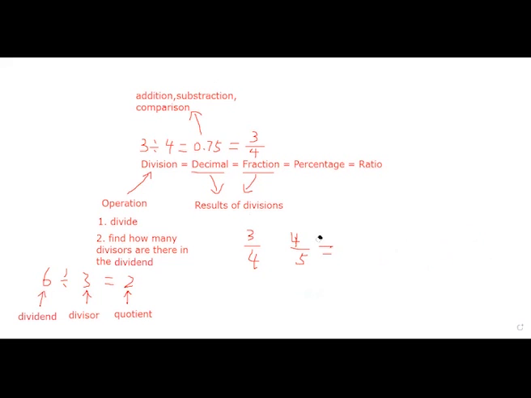We could use special methods to compare, because what is left over here is 1/4 and what is left over there is 1/5, and the leftover for 1/4 is larger, which means this is larger, right? But it requires a special method. Usually how we compare these two is by making them like fractions.